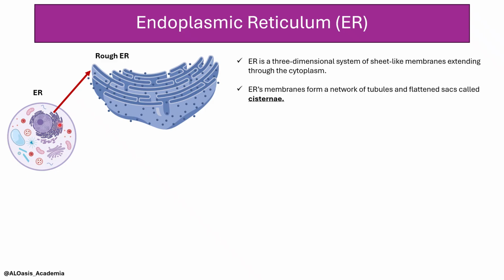So they start from the outer membrane of the nuclear envelope, and then they extend through the cytoplasm. So ER membranes form a network of tubules and flattened sacs that are called cisternae. Okay, so cisternae are just the network of tubules and flattened sacs that the ER membranes form.